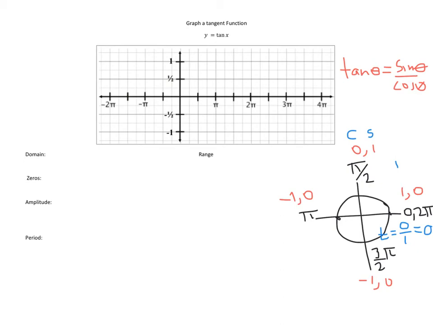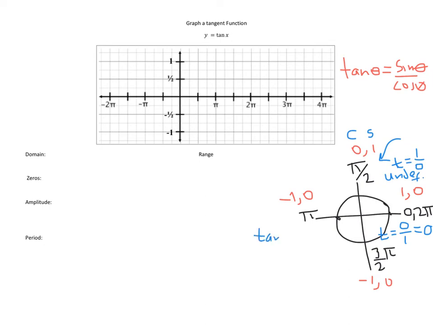Let me find the tan value for this angle here. It's going to be given by 1 divided by 0. And remember, that is going to be undefined. Then I go to this one here.